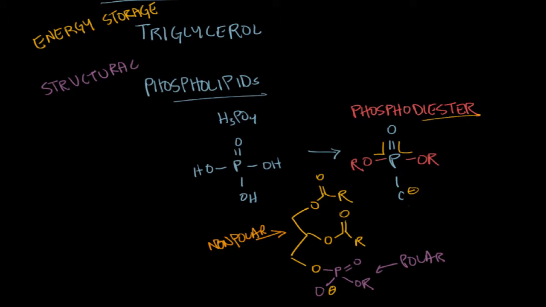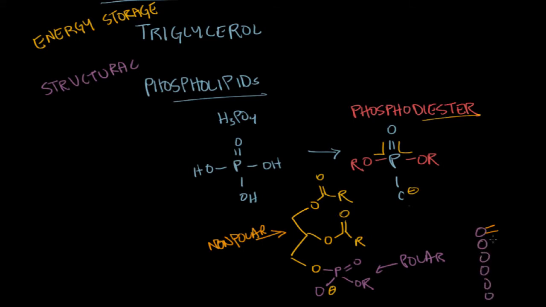You've probably heard of a phospholipid bilayer, and what happens is you have a phosphodiester head, and then you have two fatty acid tails coming off, and this purple part is polar and the orange part would be non-polar, and you get a whole bunch of these and they line up together.